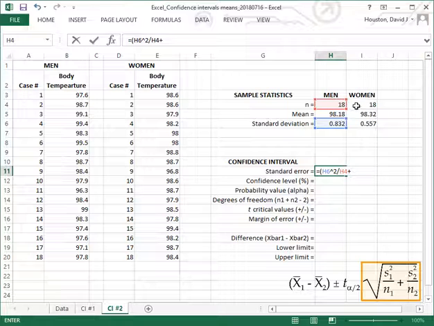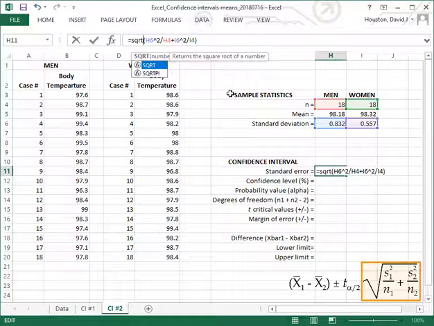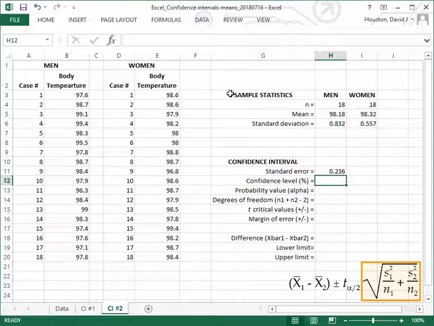We will add to that the standard deviation squared for women, which is the variance, divided by the sample size for women. The reason I put this formula in parentheses is that we have to take the square root of this. So we see that the standard error for comparing the two sample means is 0.236.